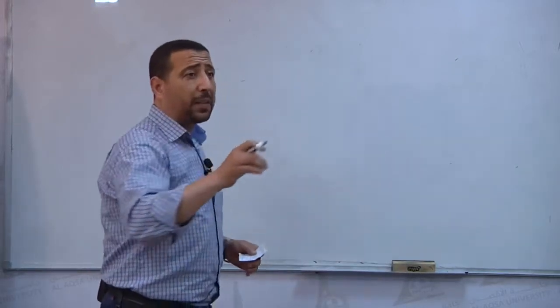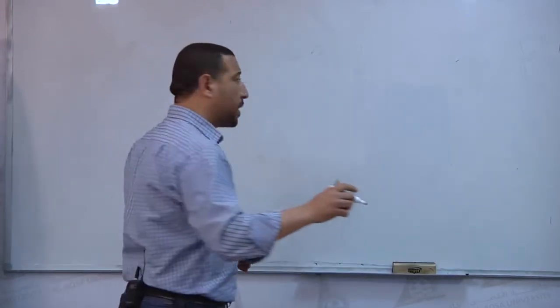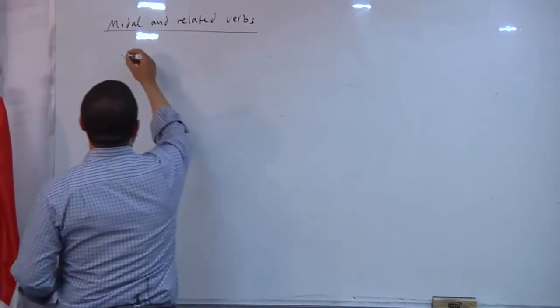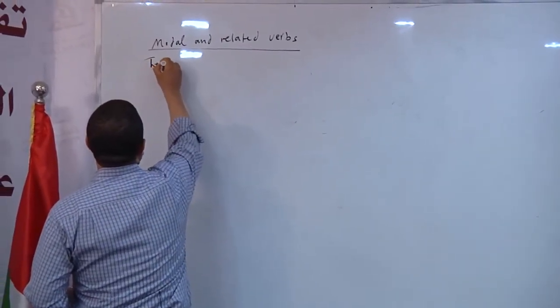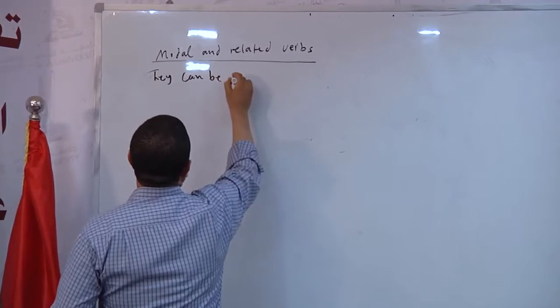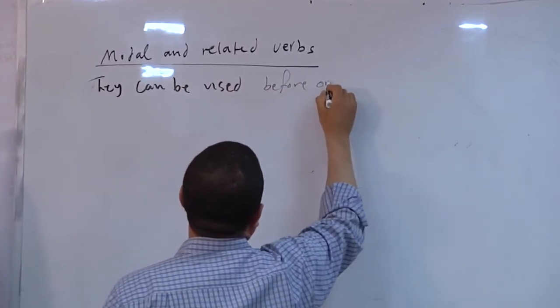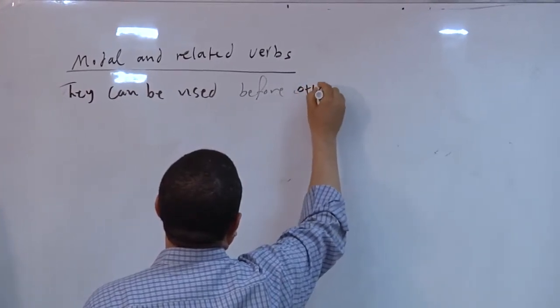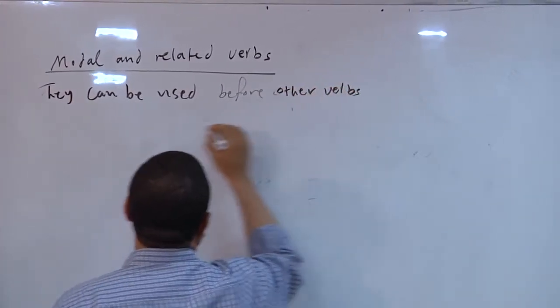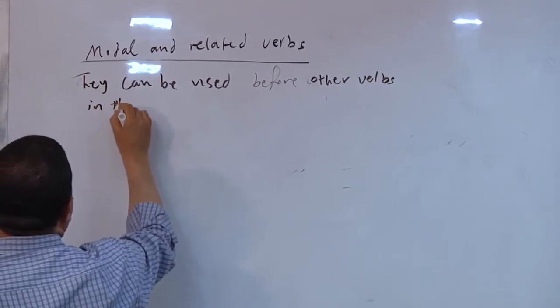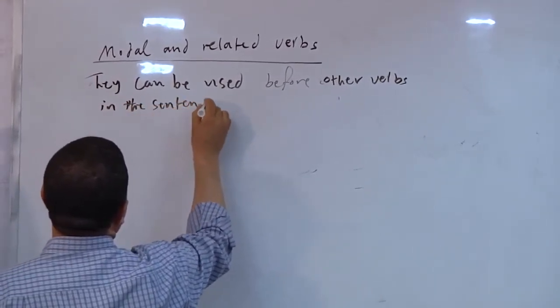So I'd like to write the first rule on the sentence, which is modal verbs. They can be used before other verbs in the sentence.